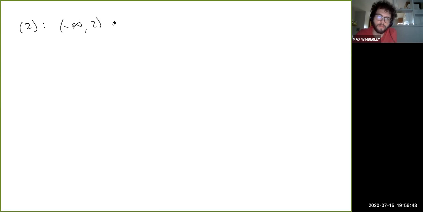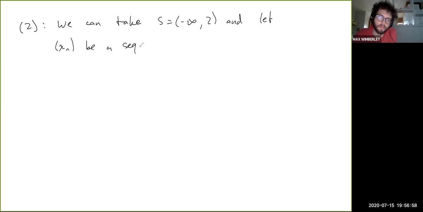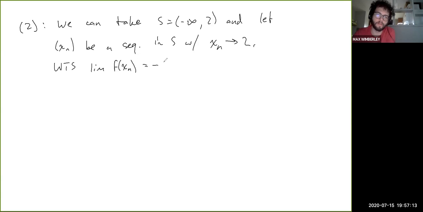So we take S to be negative infinity to 2 and let xn be a sequence in S with xn approaching 2. Then I want to show the limit of f of xn is negative infinity.